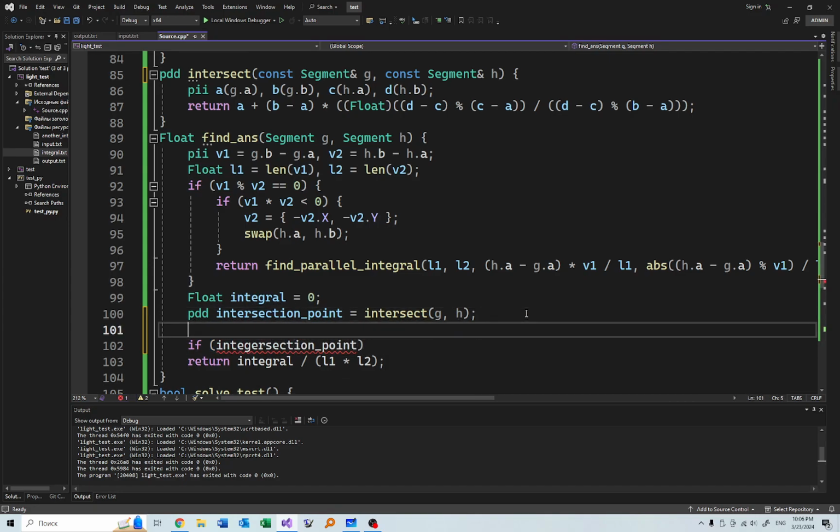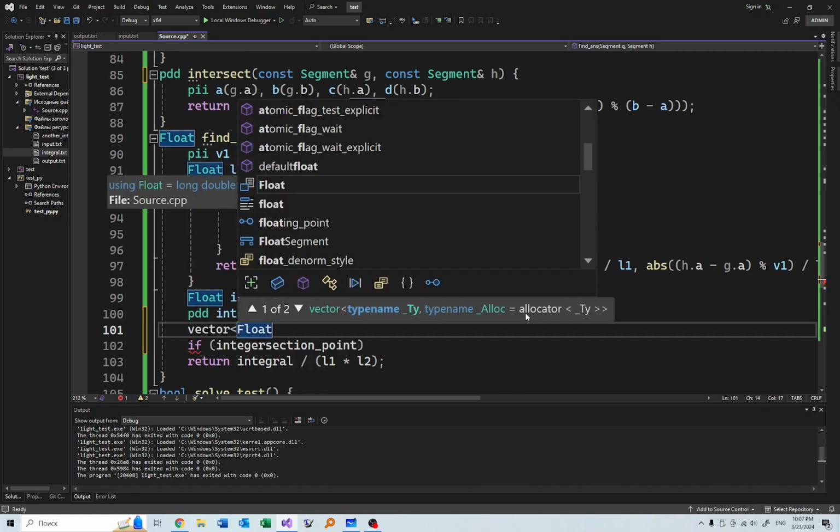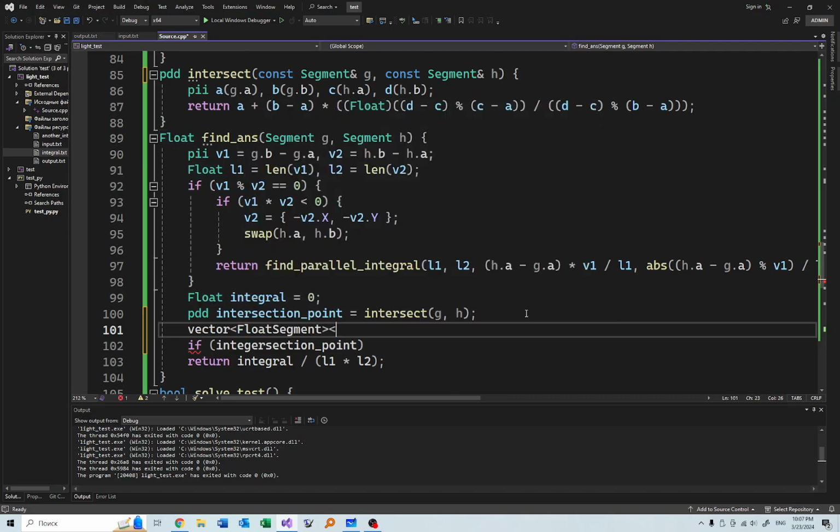Also, let's make two vectors of G's and H's.